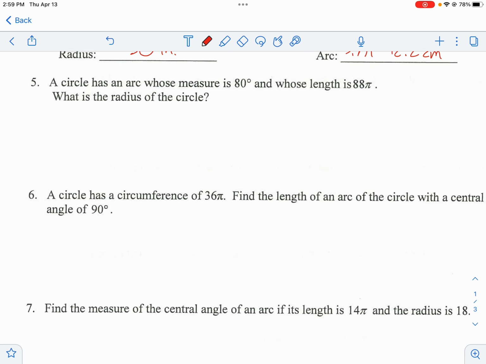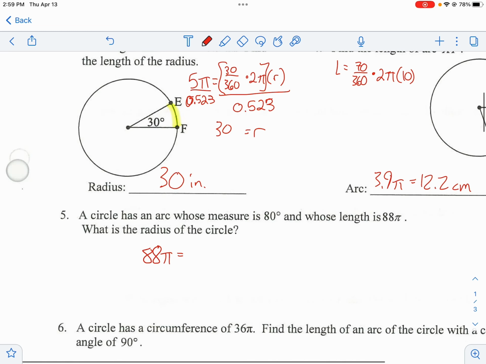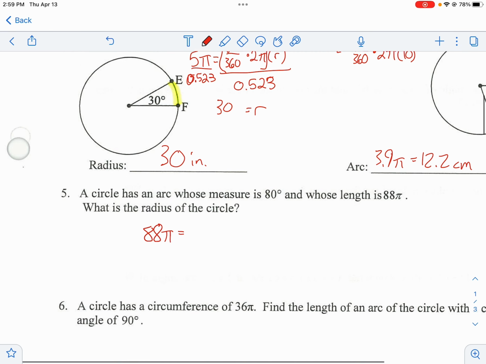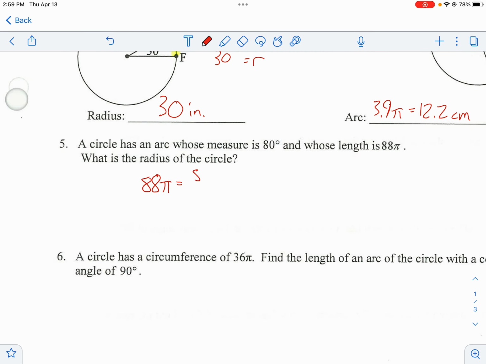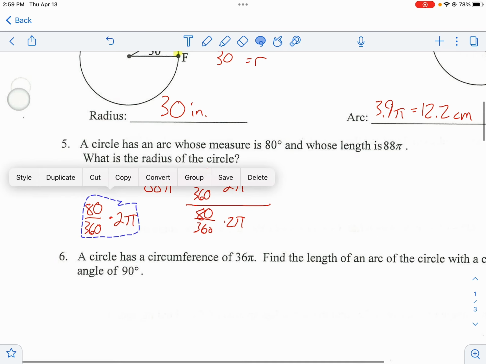What about this one? It's telling me the arc measure is 80 and the arc length is 88 pi. This is the same as the question two questions ago, where we're given the arc length. We need to write the arc length formula on the other side. So 80 over 360 times 2 pi times the radius, and solve for the radius. Divide both sides by 80 over 360 times 2 pi. This might be a faster way of doing that. Copy, paste. I'm going to divide both sides by that there.